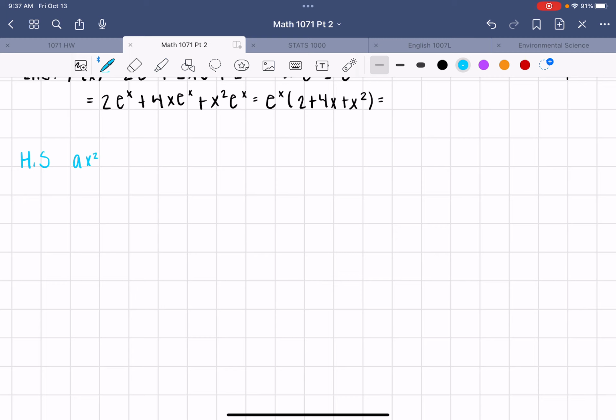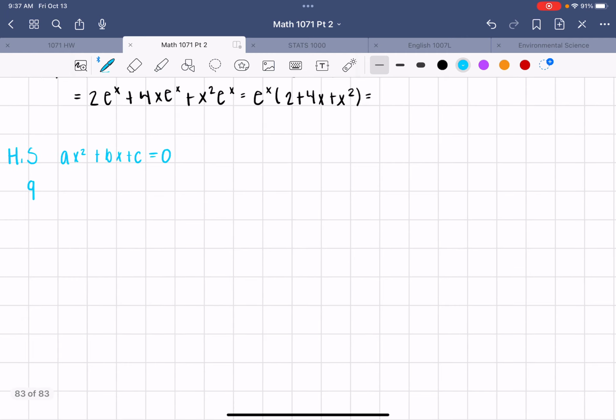It's called the quadratic formula. And so x is, there are two choices: negative b plus or minus the square root of b squared minus 4ac all over 2a.